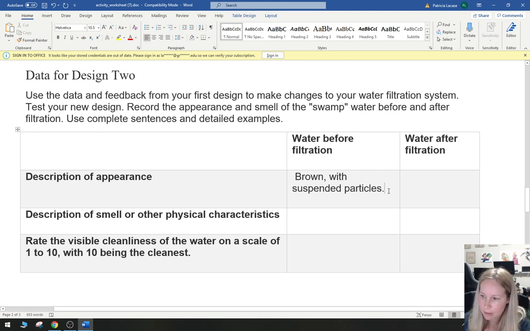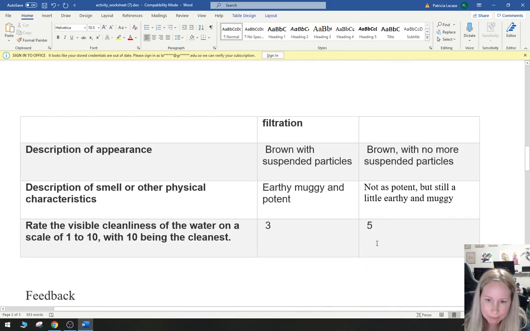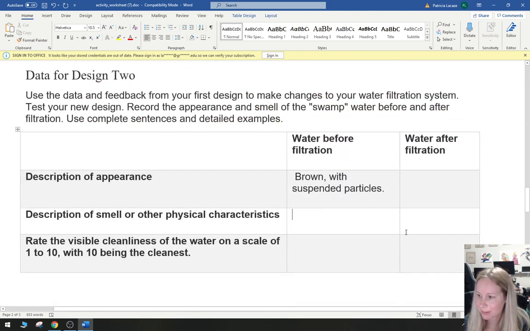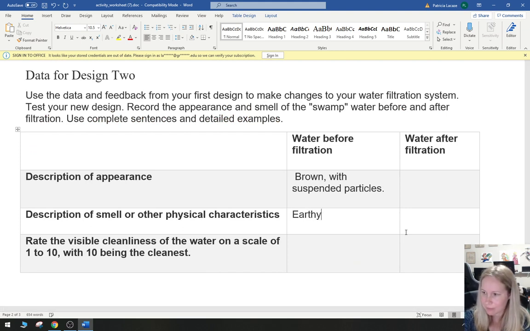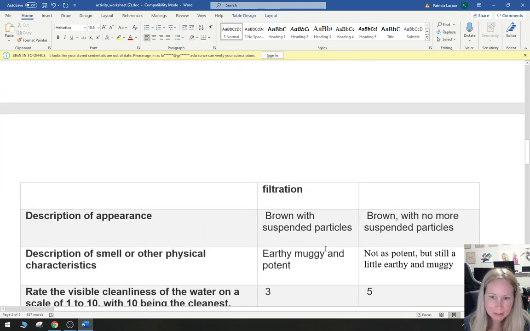Same thing. You have to smell it again. Oh boy. Ugh. Oh, it's so bad. Okay. Earthy, muggy, and potent. Potent. Strong smell.